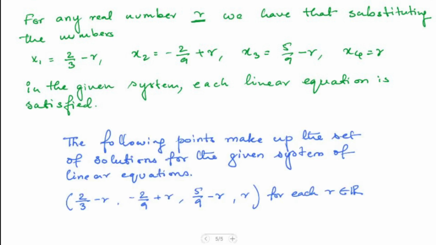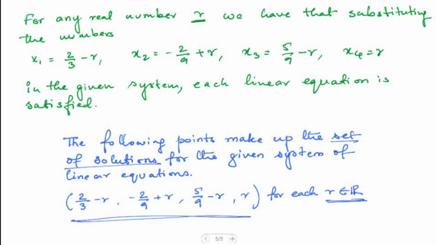So the following points make up the set of solutions for the given system of linear equations for each r that is a member of the real numbers. Any real number r, if put into this point here, will be a solution for the linear system that we are solving in this question.